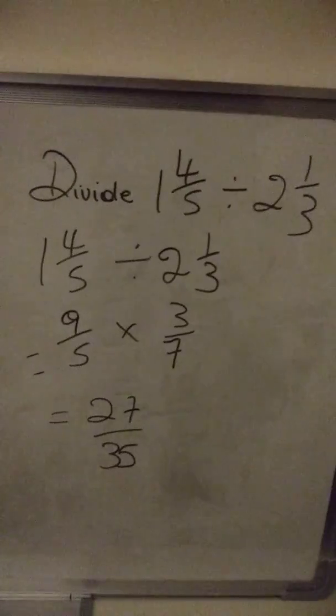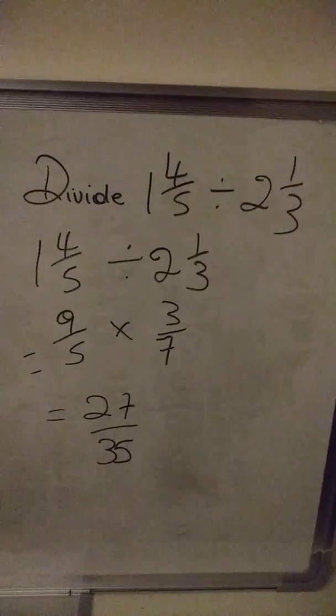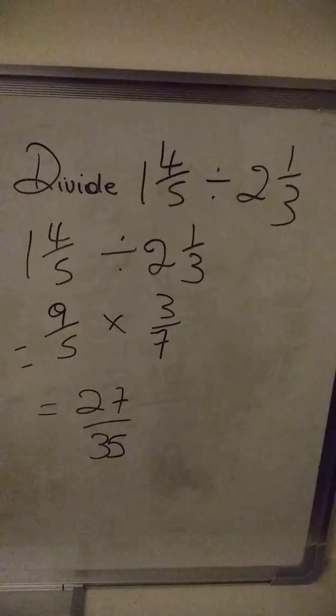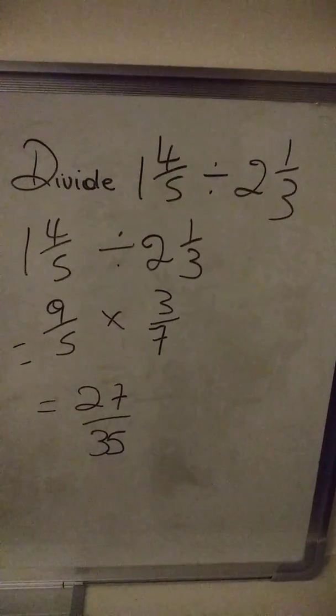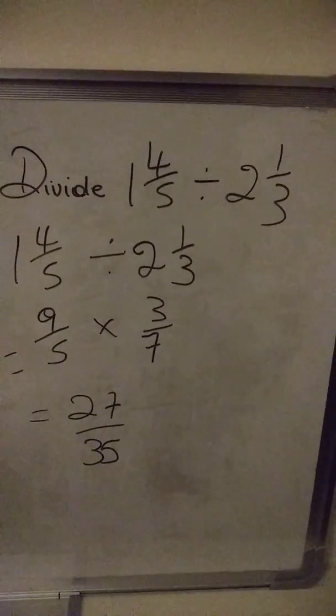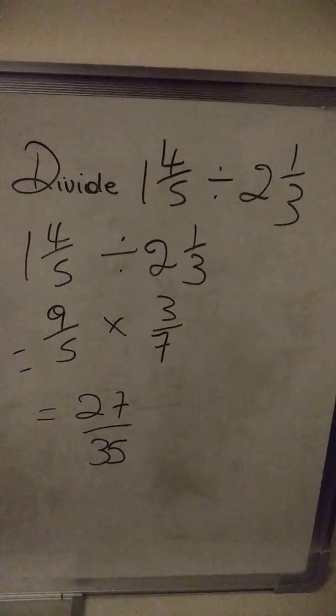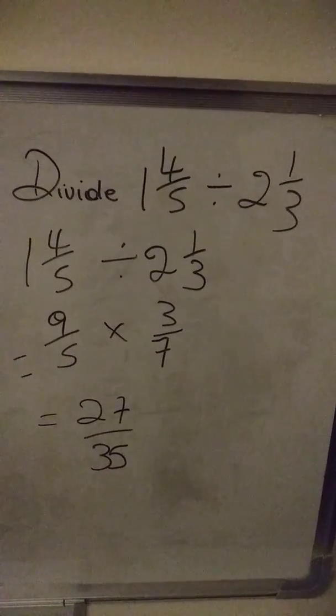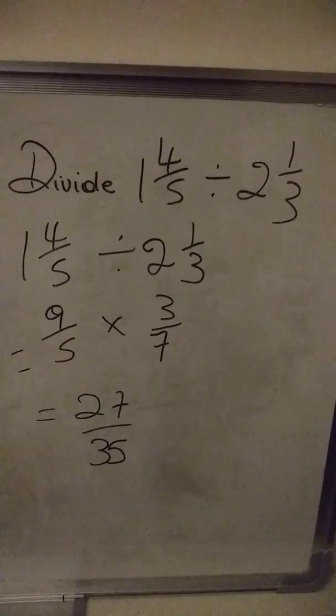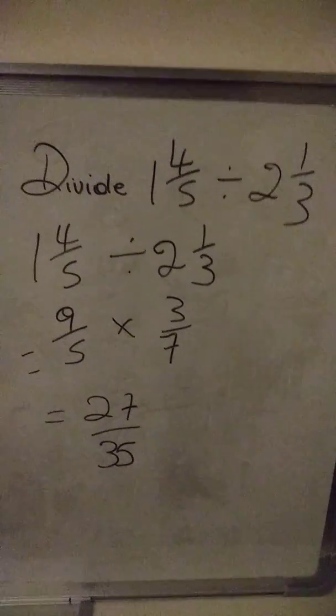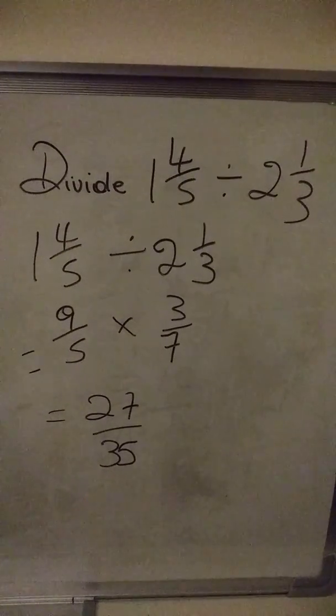Divide 1 4/5 divided by 2 1/3. The difference between this question and the one we did before is that we're dealing with mixed fractions.